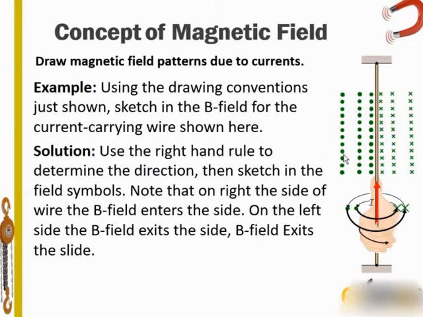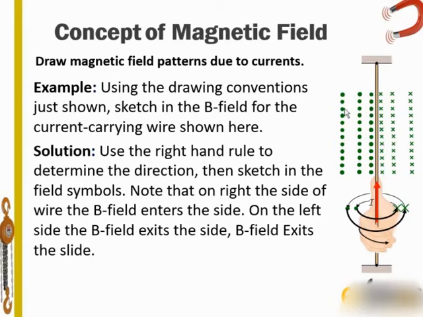The important thing to notice as well, for your information, is that the fields tend to get weaker the further you are from the wire. So you can see over here that as you move away to the left or to the right of the wire, the dots tend to be spaced out more.